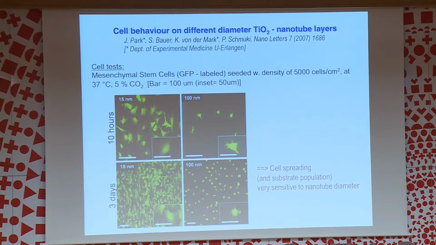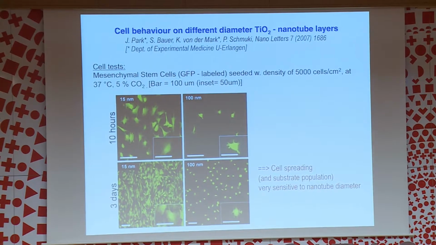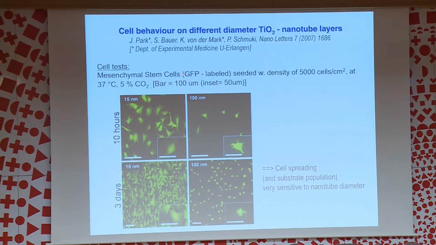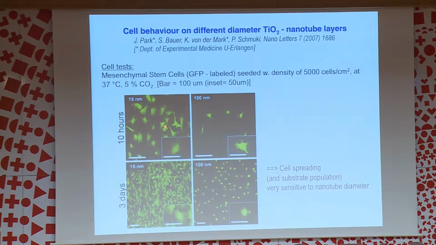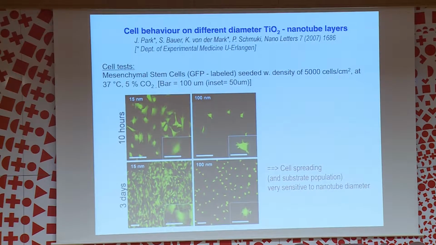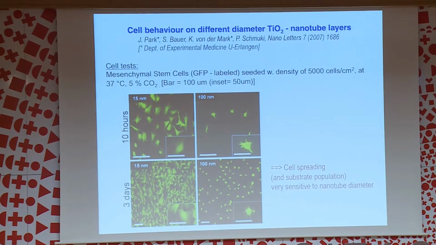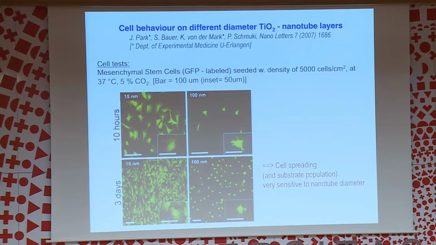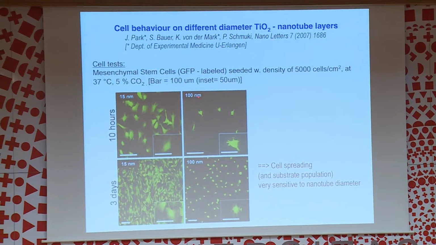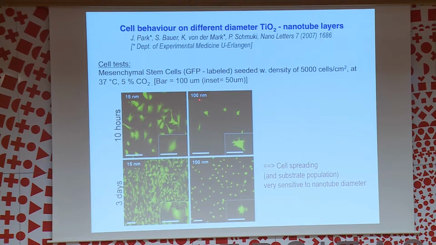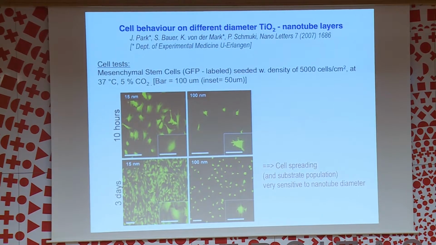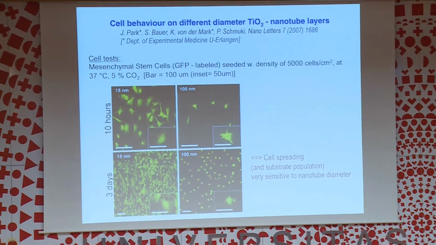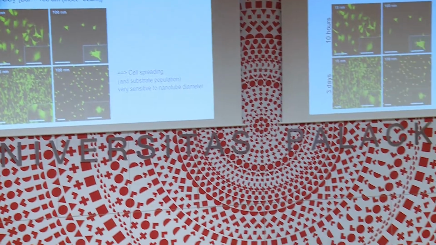And here you can see results of cell tests where we put mesenchymal stem cells. These green dots are the green labeled mesenchymal stem cells, originally put with the same density onto 15 nanometer nanotube surfaces and 100 nanometer nanotube surfaces. Then we looked at how they behave with time.